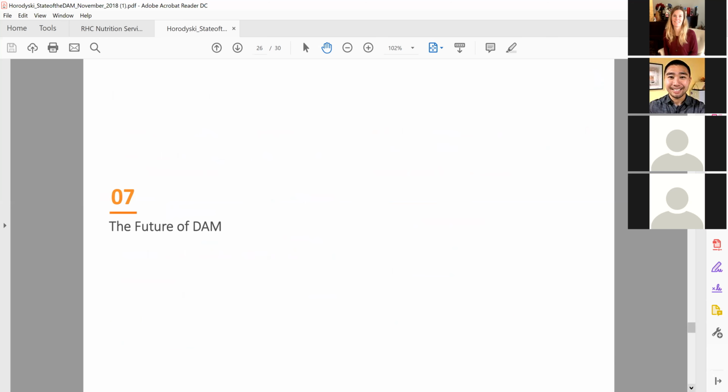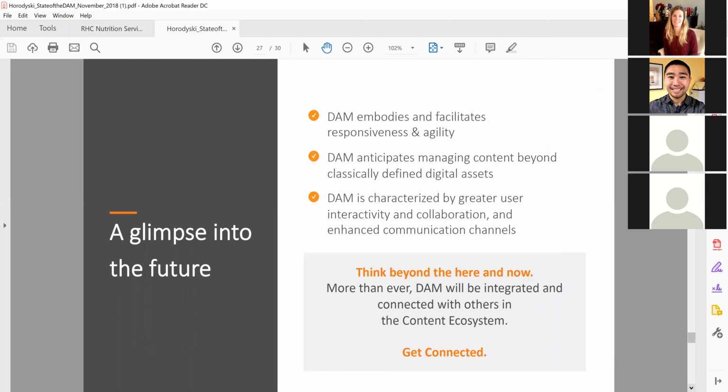What I want to sort of finish off with here is, so what is the future of DAM? Where is it going? How does it look? So obviously, as I said earlier, DAM is both a process involving the management tasks and decisions, but it's also a technological system to manage your assets. Content drives the brand. So creative professionals, they're all working in marketing, communications, operations.